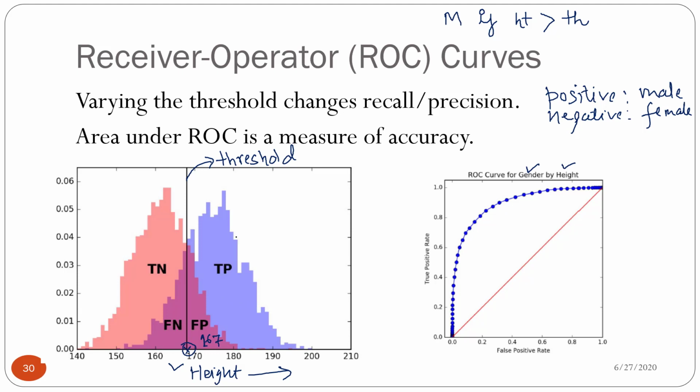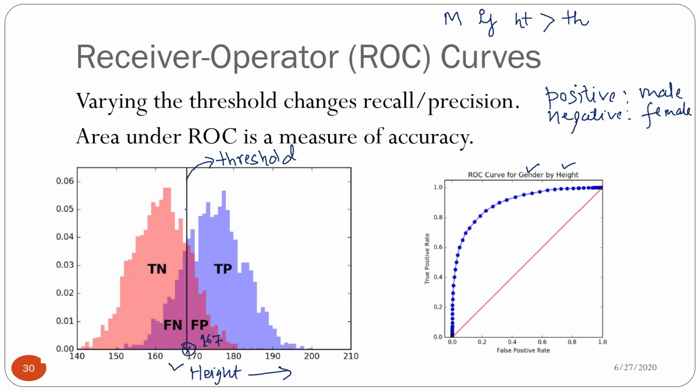Now let's try to understand what the purpose of ROC is. What is this curve showing you? The ROC curve gives us some idea about the performance of a classifier. This curve that you're looking at, which is blue in color with a lot of dots, is describing the performance of the classifier that you have here.